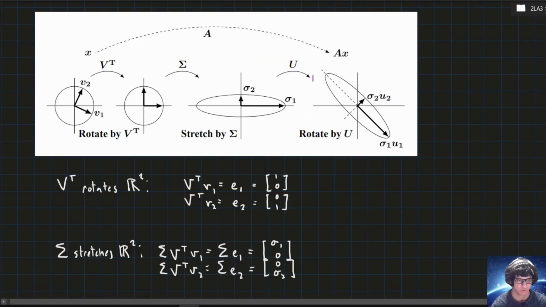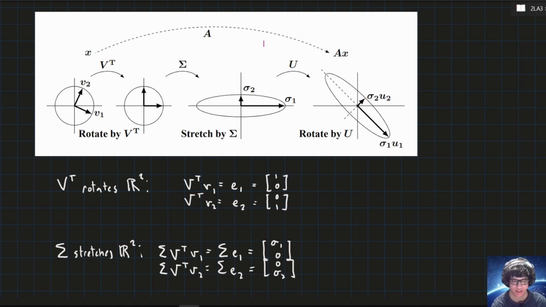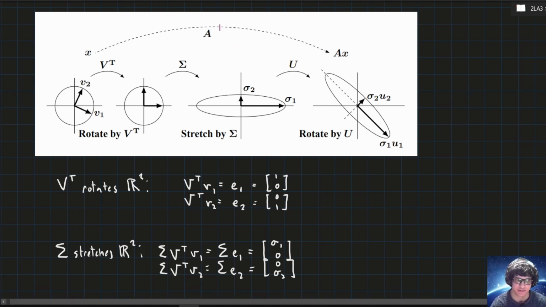Okay, so what's the lesson of this diagram here? We tracked the unit circle and how it was transformed by A. In tracking the unit circle, it tells us how A behaves on the whole space. The reason is, since A is linear, how it behaves on the unit circle can be extrapolated to how it behaves on the whole space, essentially.